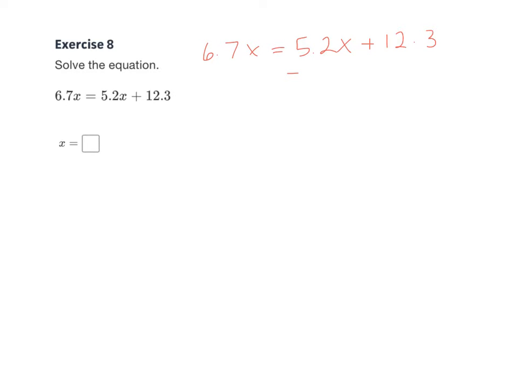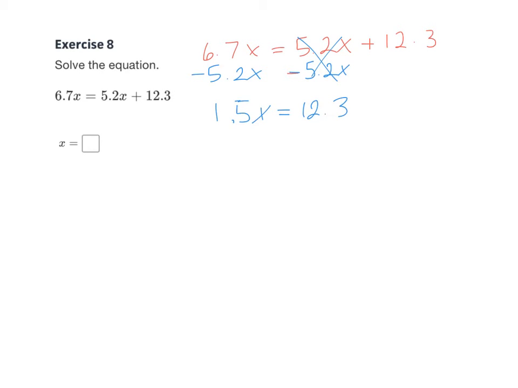So I'm going to minus 5.2x from both sides. So that's going to go away. This is going to be 1.5x is equal to 12.3.